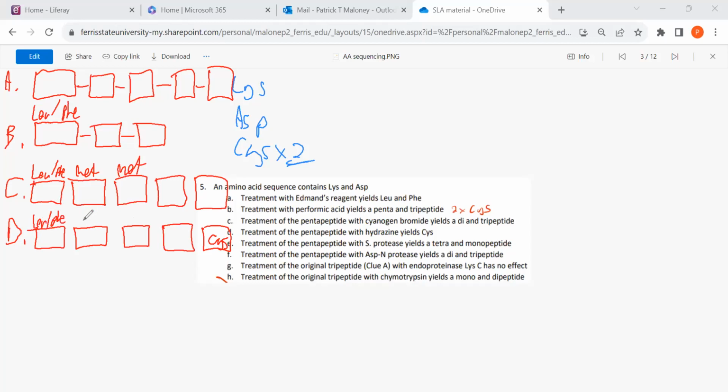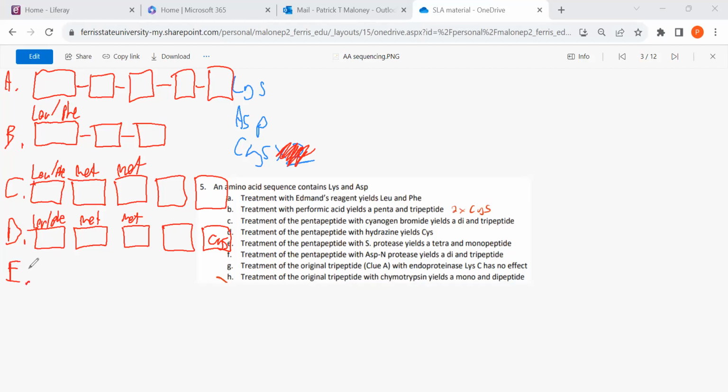LEU, PHE is still up top here, met and met. That's all we can do for clue D. Now to clue E. Also, at this point, if you want, you can cross off one of the cysteines because we only have one left and it's going to be in the other chain.